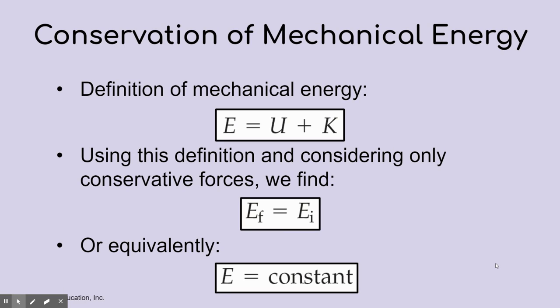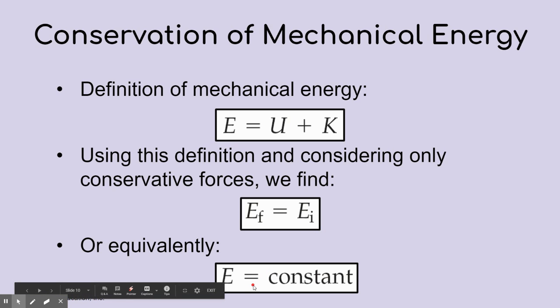Moving right along to the conservation of mechanical energy. So mechanical energy, which is represented by an E, is just the sum of our potential and our kinetic energies within a system. So potential plus kinetic energies. And when conservative forces are involved, our final and initial energies are going to be the same.